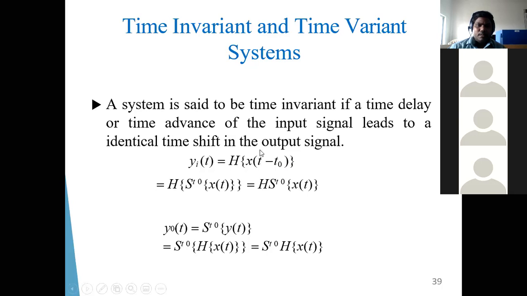This is a delayed signal or a time advance of the input signal. The function H of x of t minus t naught is H of S t naught x of t, equals H S t naught x of t. Here H S represents the transfer function for the given time delayed signal. This is simply represented as y naught of t equals S t naught y of t.